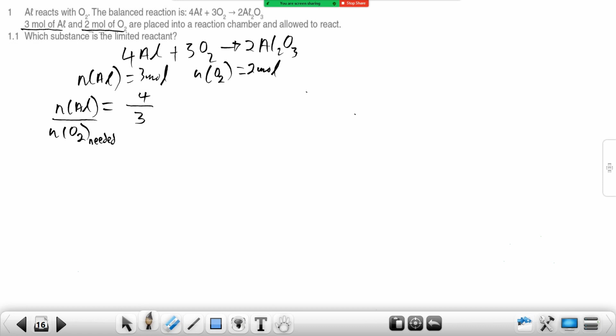Then I do the science here. I know that I'm working with aluminium, so I have 3 over O2, which equals 4 over 3.